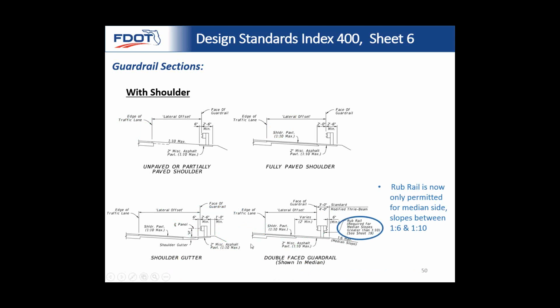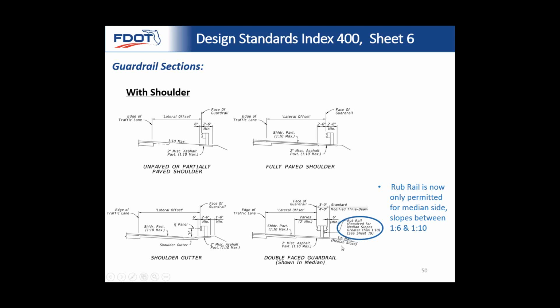So we have more cross sections, skipping over most of the notes. We're explaining what to do for flush conditions and shoulder gutter condition, and we have more of the same type of information, just showing you where the pavement falls, without getting into too much detail. And one thing I wanted to point out is that rub rail is now only permitted for the median side of the slope, where you can't have a 1 to 10 approach.